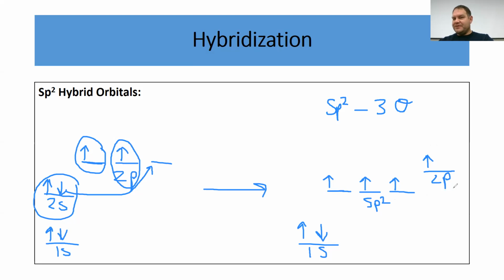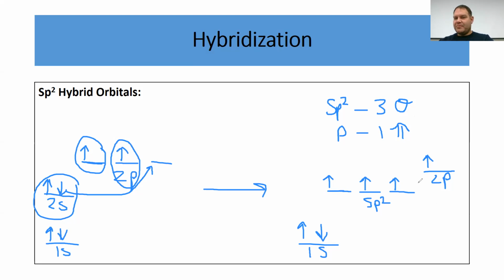But with the 2p orbital that's left over, we can form 1 pi bond. All right. So with sp2 hybridization, we often form 3 sigma bonds and 1 pi bond as a result.